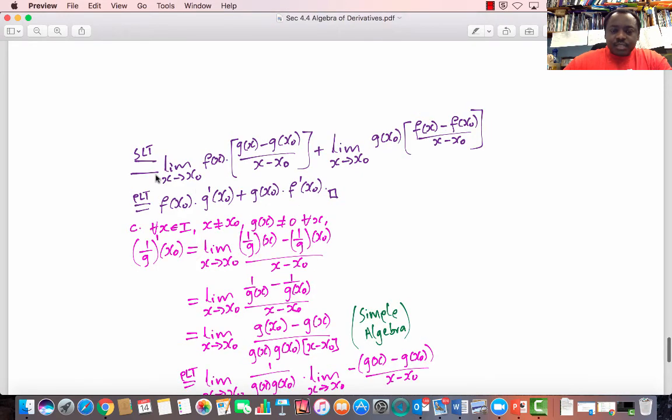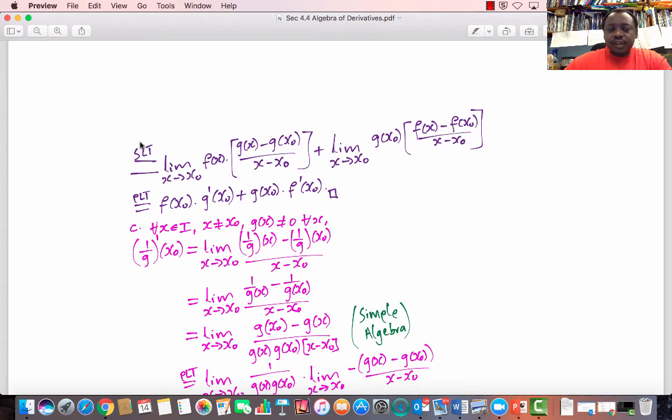And that would simply be the limit as x approaches x naught of f of x times g of x minus g of x naught divided by x minus x naught plus the limit as x approaches x naught of g of x naught times f of x minus f of x naught divided by x minus x naught.